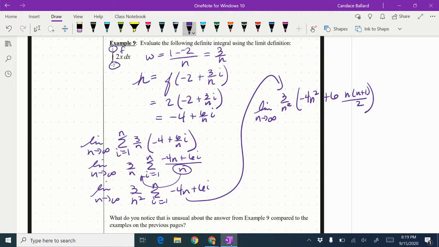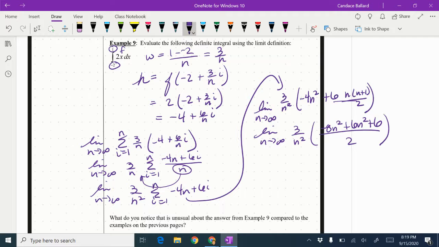I am going to do a little bit of simplifying and get it over a common denominator. So the limit as n approaches infinity of 3 over n squared. My common denominator is going to be 2, which means I need to multiply that by 2, which would give me -8n squared. And then when I distribute this through, I get 6n squared plus 6.